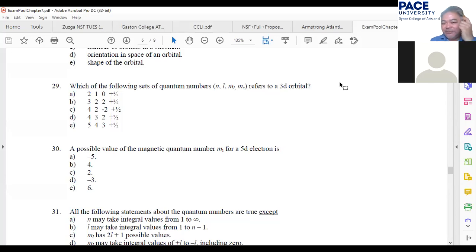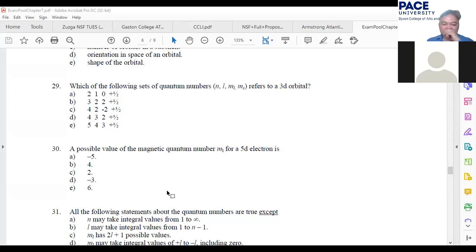Okay? 5D. So D is equals to what? D equals 2. So when D equals 2, that means L equals 2. So the m sub L value can be from negative L to positive L. So negative 2, negative 1, 0, 1, and 2.